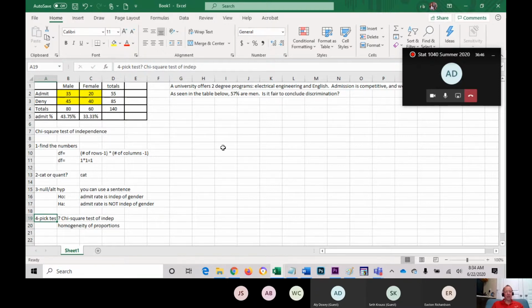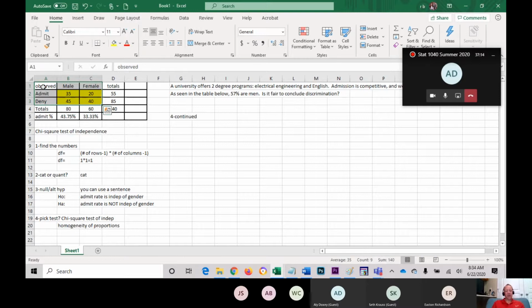Okay, so now I've got to give you the equations for that. There's 2 sets of equations that we're going to need, okay? And I'm going to go up here. So 4 continued. Let me do this. I'm going to call this the observed table, okay?